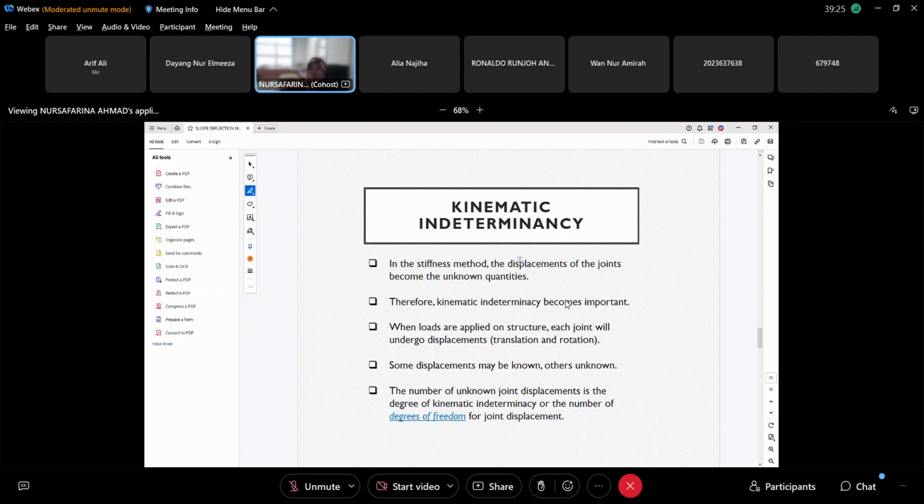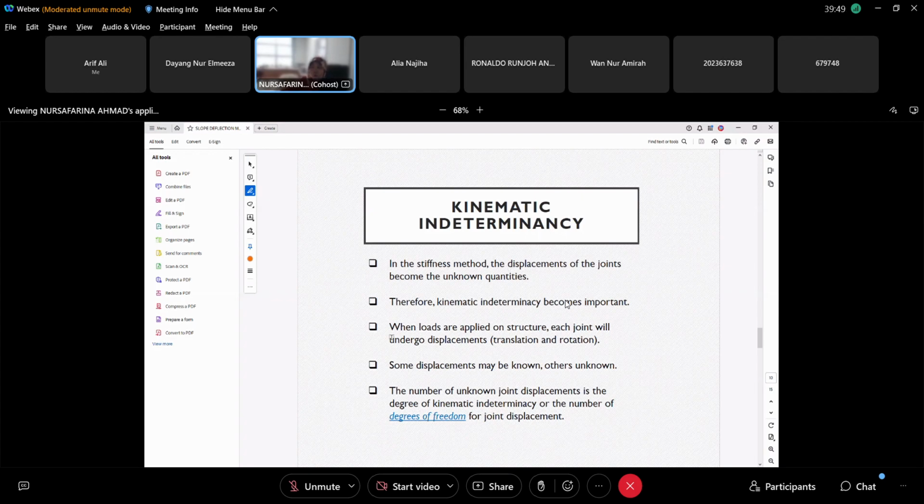You have learned the force method, stiffness method, and moment distribution method. In the stiffness method, we find displacement. So we call this kinematic indeterminacy, more about displacement.